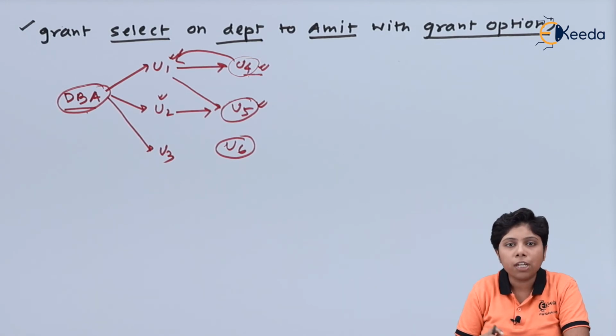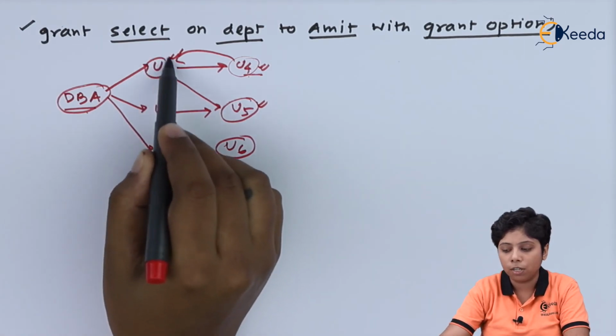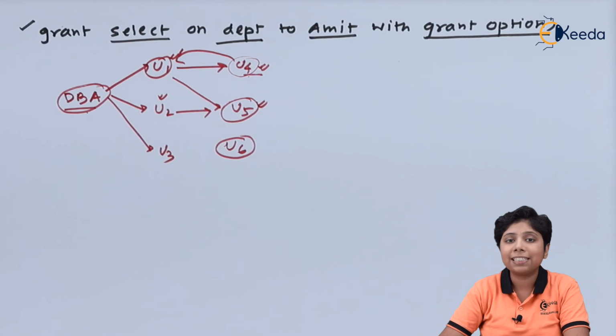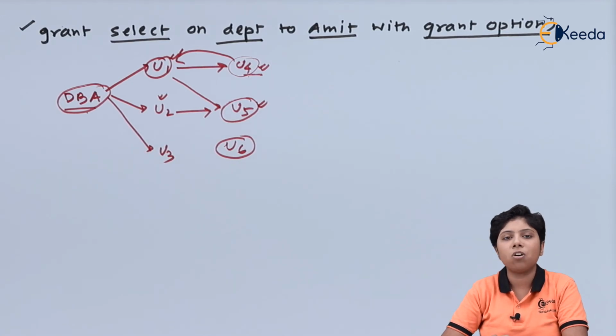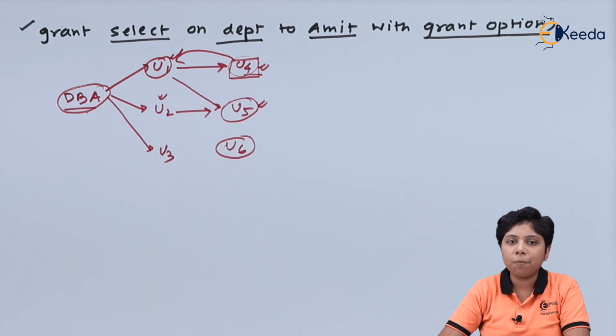Now the revoking of privileges will hamper this passing of privilege very much. Say the database administrator has revoked that particular privilege from U1, but U1 can still retain that privilege on the relation through U4. This type of problem can arise if cascading delete or cascading update operation privileges are permitted.